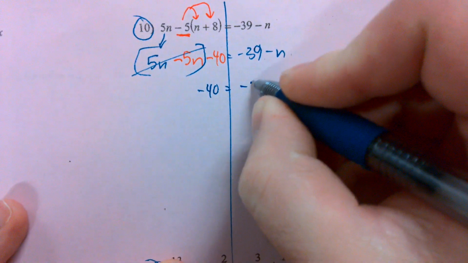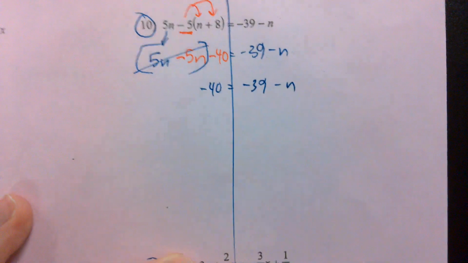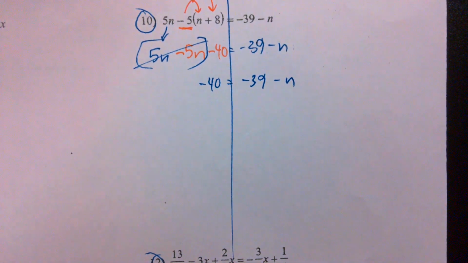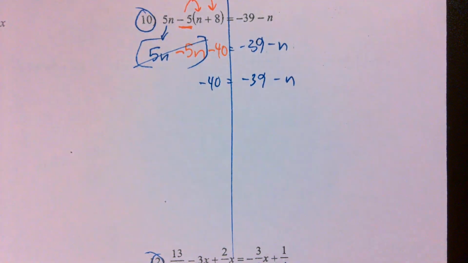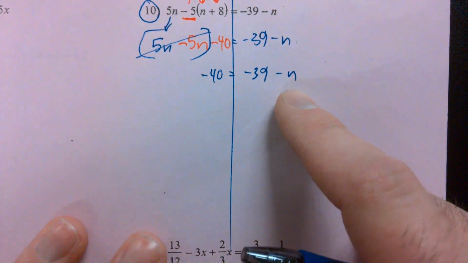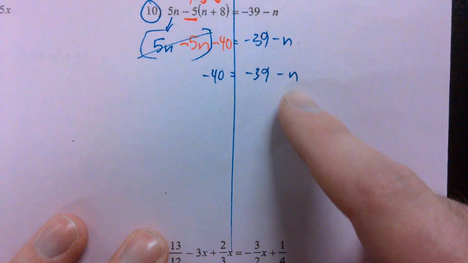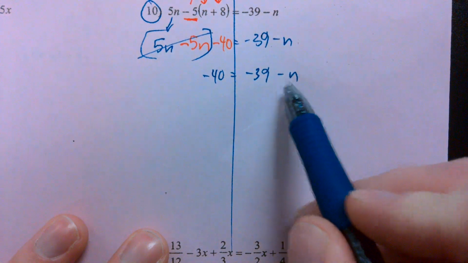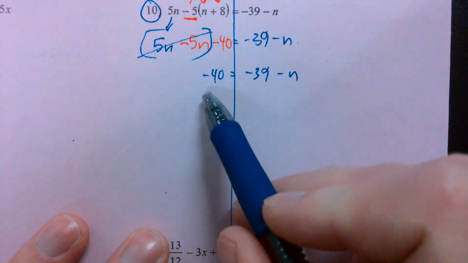And this is where, again, it's going to get a little confusing. -40 equals -39 minus n now. So how many variable terms do we have in this whole equation? Just one. It's right here. Okay, stay with me, guys. If we're following our steps, we want to bring this n over to the left.